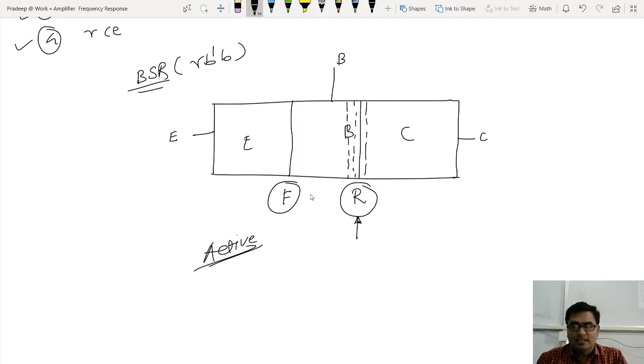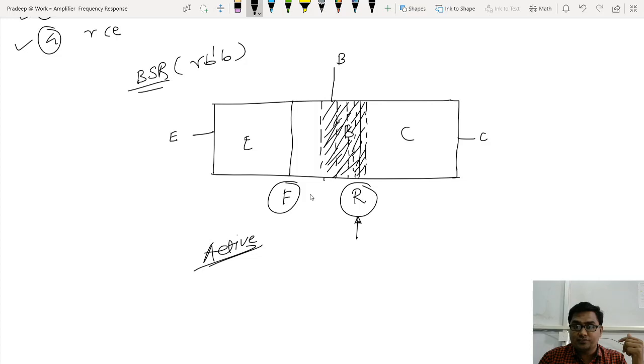What I am doing, I am just increasing the reverse bias. If I increase reverse bias, the width of depletion region increases. You further increase the reverse bias, then further the width increases. Now it becomes that much. You further increase reverse bias, then the depletion region width increases.